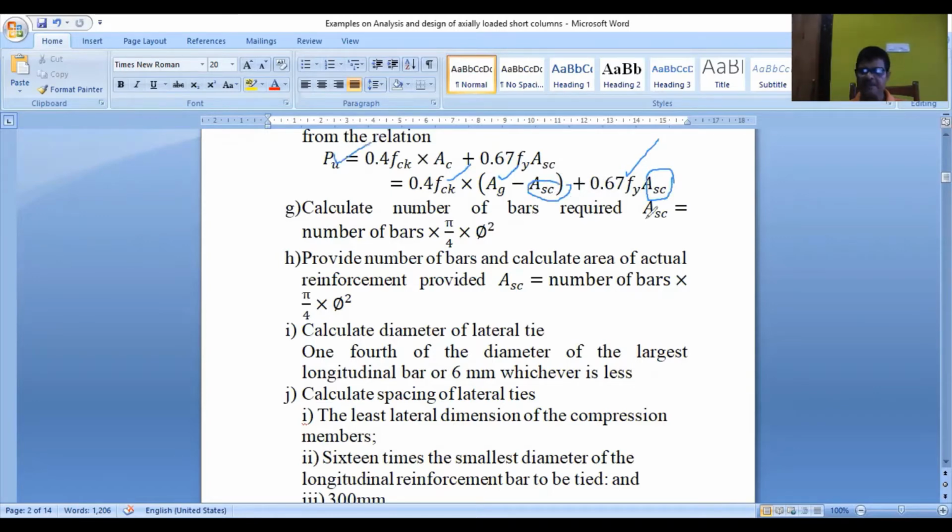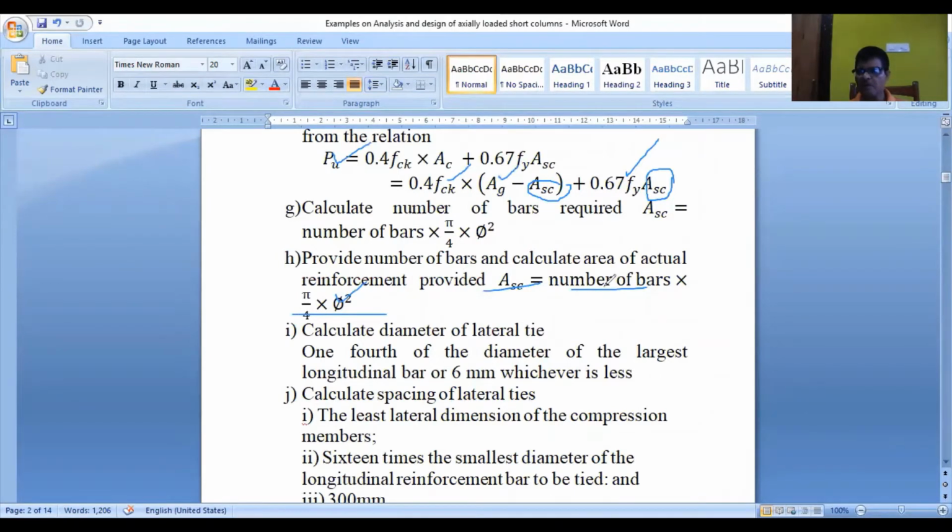Once you find area of steel, then you fix the diameter of the bar, whether you use 20 mm bars, 25 mm bars, or 16 mm bars. Accordingly, find the number of bars. Area is equal to number of bars multiplied by pi by 4 d square. If you know the size of these rods, then find number of bars.